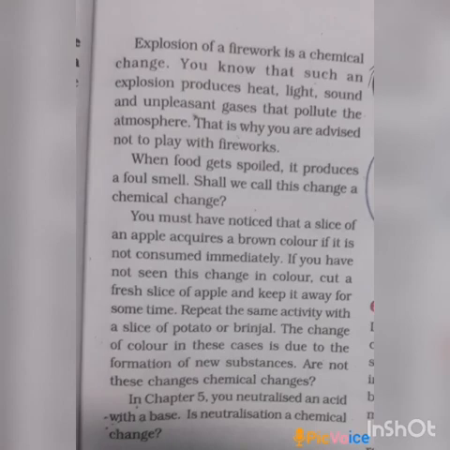Isn't it, children? Yes. That's why you are advised not to play with fireworks. If you fire a firecracker, it produces heat, light, sound and unpleasant gases. These are the gases which are responsible for the air pollution.